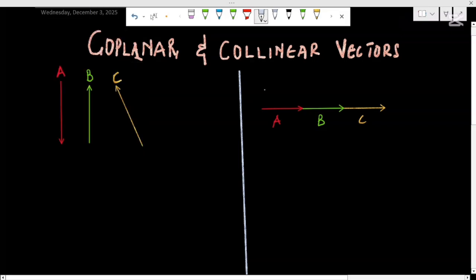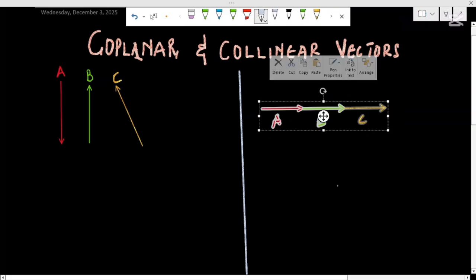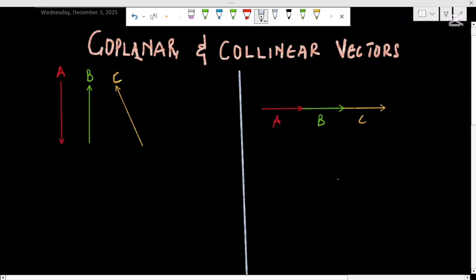Now, we can also have collinear vectors. And when we talk about collinear vectors, they are coplanar vectors, right? But they are lying along the same line. Can you see? They are lying along the same line.